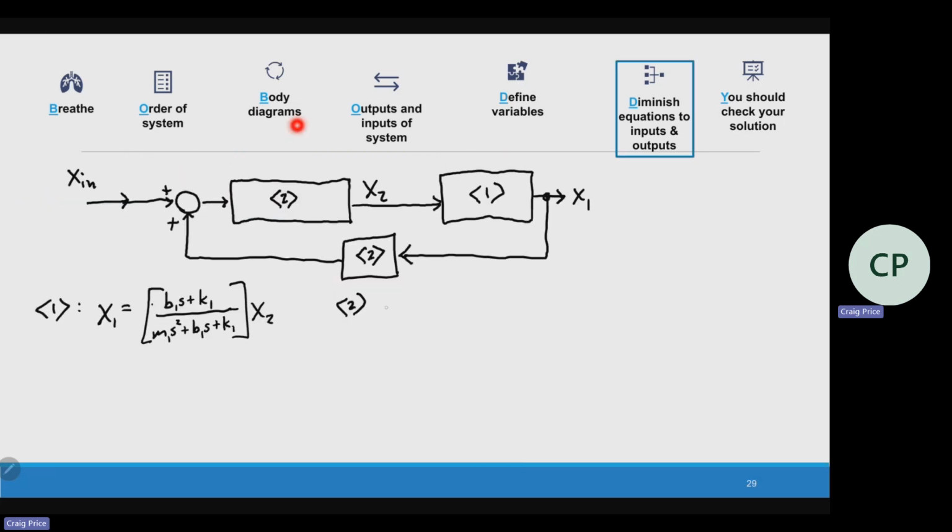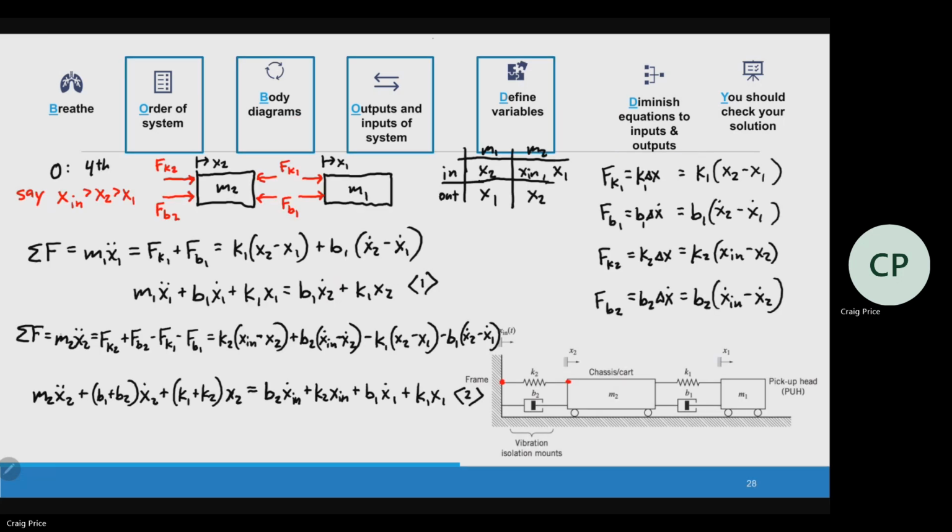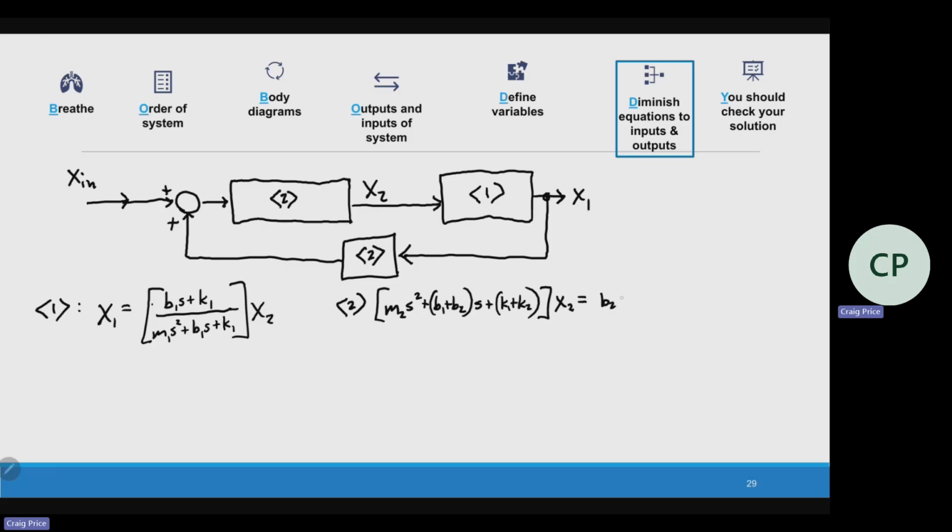So we get m2s squared plus b1 plus b2s plus k1 plus k2 times x2 is equal to a combination of b2s plus k2 times x in.